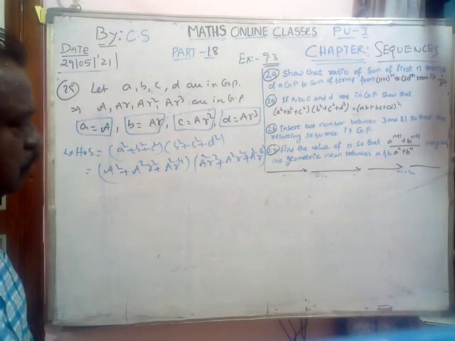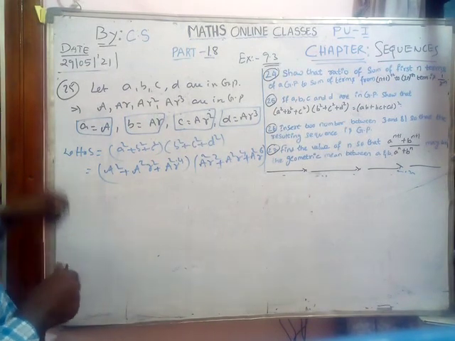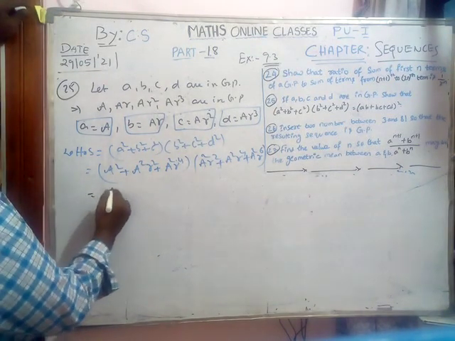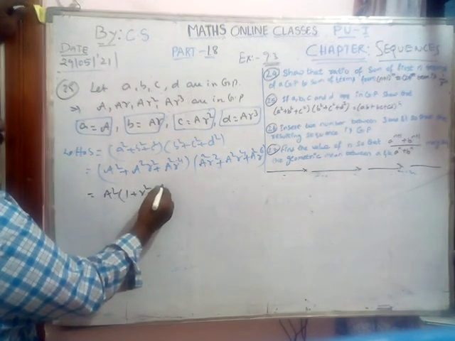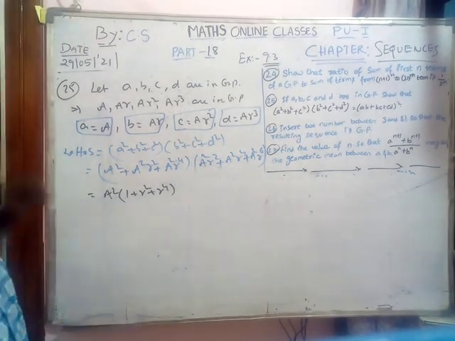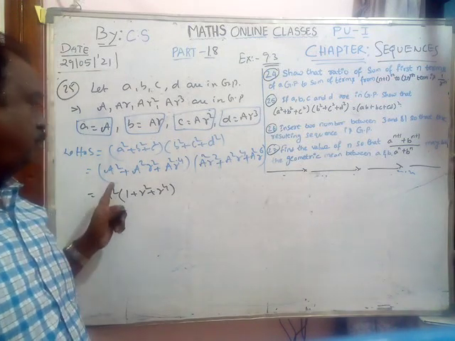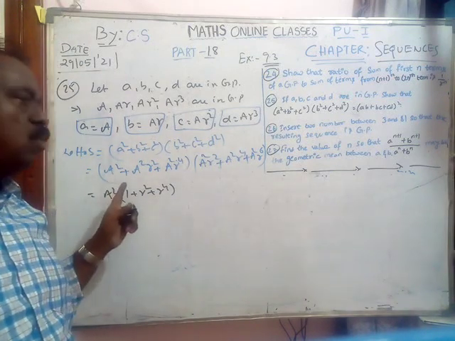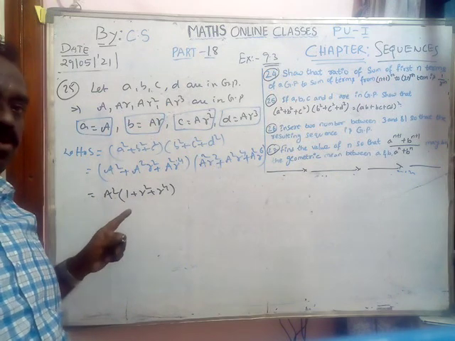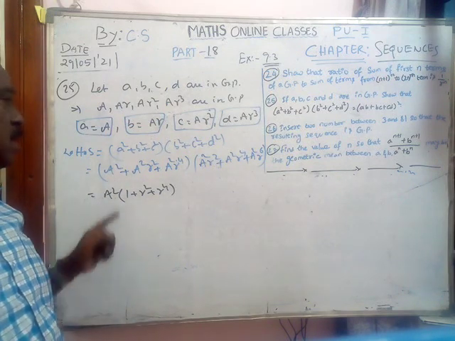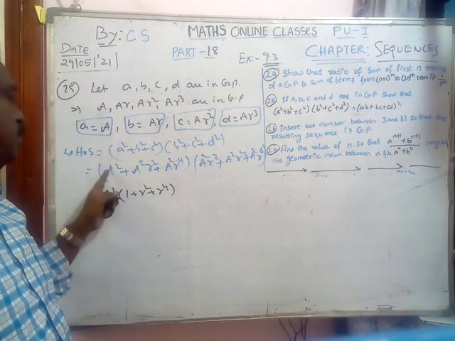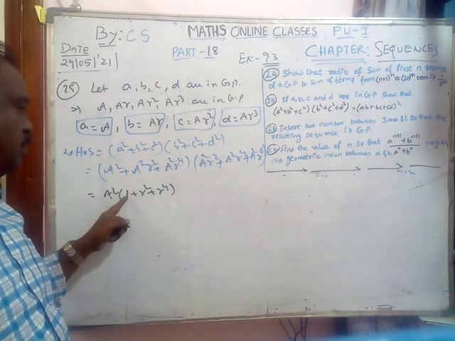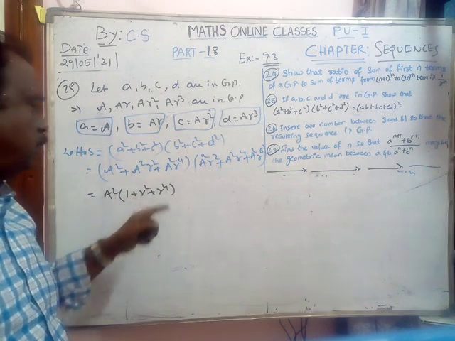Okay? Now see, here A square is taken as common: 1 plus R square plus R power 4. You observe, only in the arithmetic do you have doubts, not the concept. Here A square is taken as common. If A square is taken as common, here 1 is there, here R square, here R power 4.